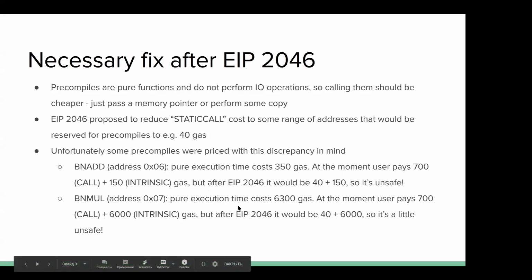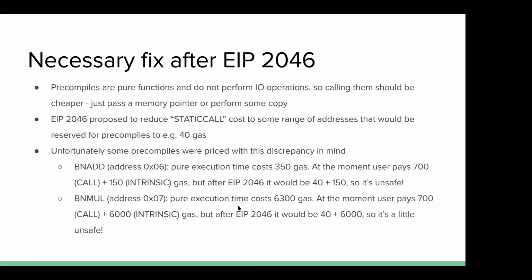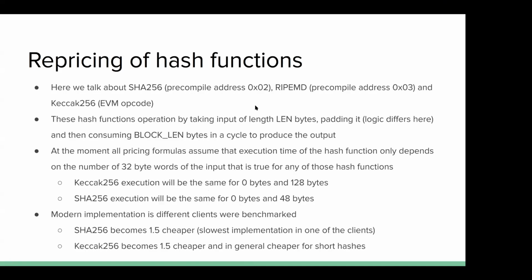And if one does this first part, it's actually not a big difference to do both parts. It's not new code that has to be introduced, it's just a few formulas which have to be adjusted and new coefficients. And repricing of precompiles has happened in the past, so this mechanism is already supported by Ethereum clients.